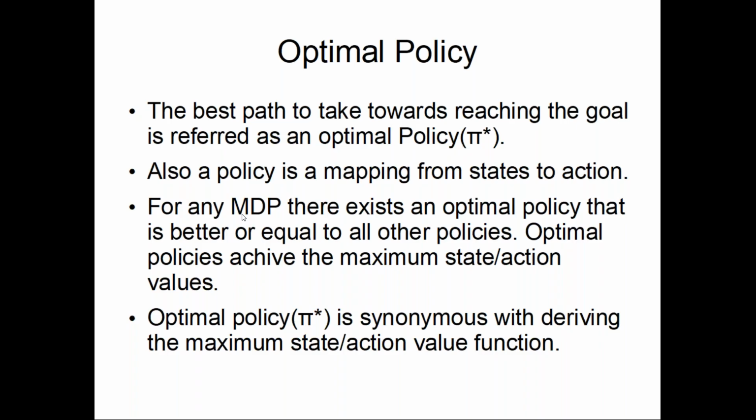Whichever states have the maximum state values, and we will also talk about action values further, but as of now let's limit ourselves to state values. Whichever path has states with maximum values can by default be referred to as the optimal policy. So talking about the optimal policy or the best path is the same as having states with the maximum value.